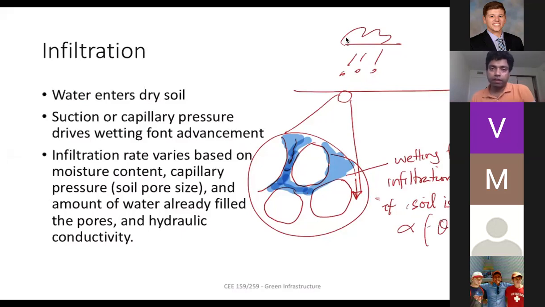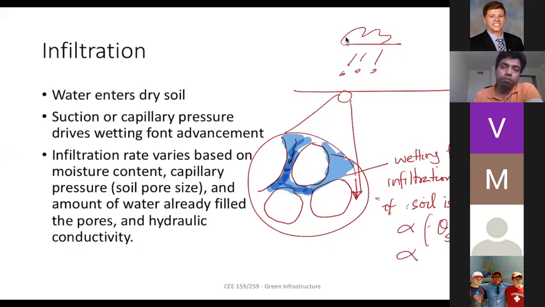What's the complete saturation water content? It means the maximum storage capacity, or porosity. So theta saturation minus the initial water content. The greater the difference, the more infiltration can occur.